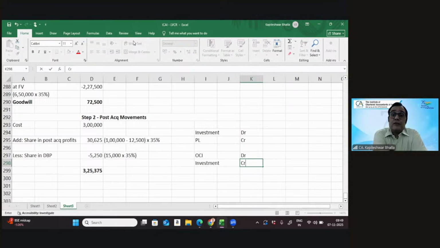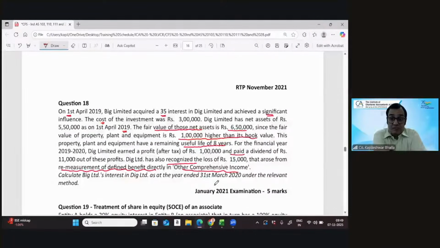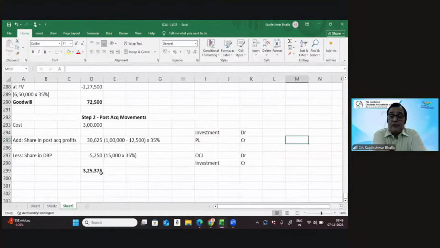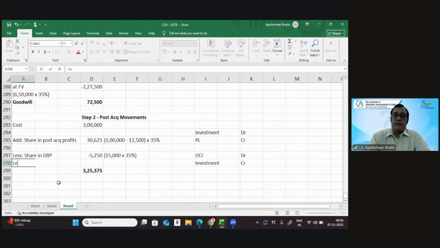Oh, forget about the dividends. Oh, my error. I forgot the dividends. Yes, there is a dividend of 11,000 paid. So let's take the dividends as well. The dividend is to the extent of 11,000 into 35%. That would also decrease the investment.